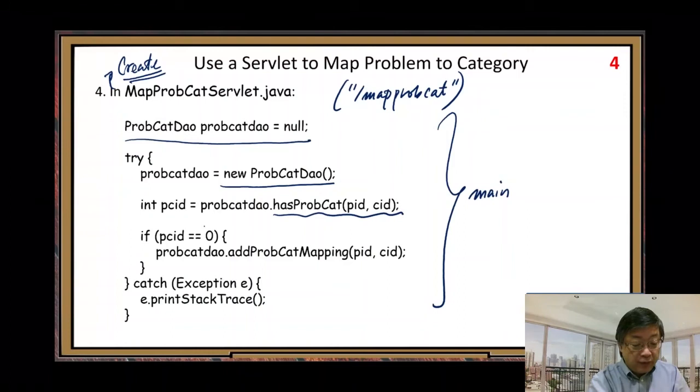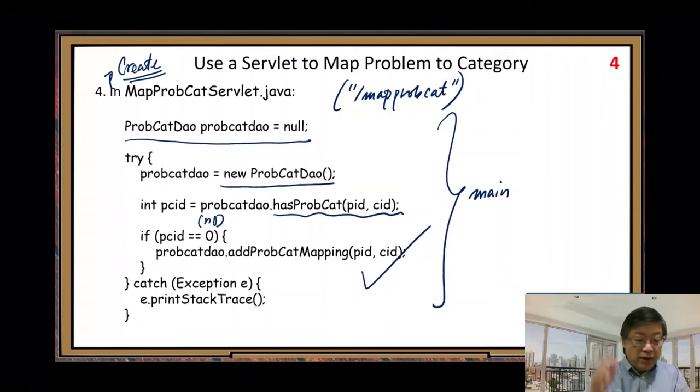So if no, here is the no mapping case equals 0, then we can safely add a new mapping row, right? So we call add a prob cat mapping, new mapping row. Then we complete it. That's all we need from the server side.